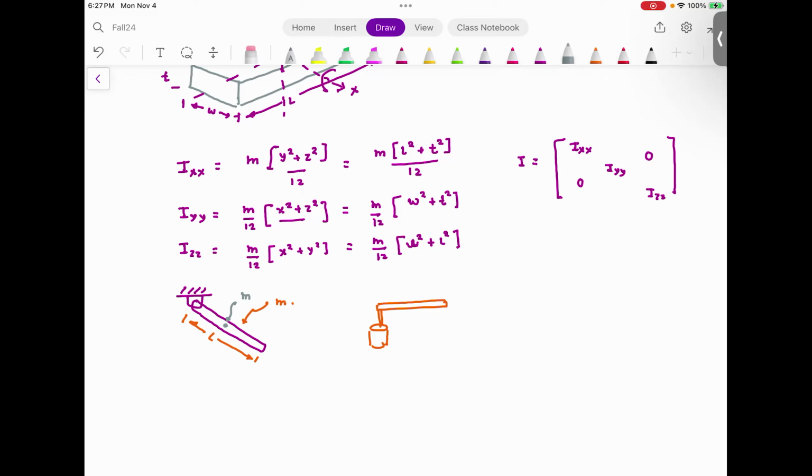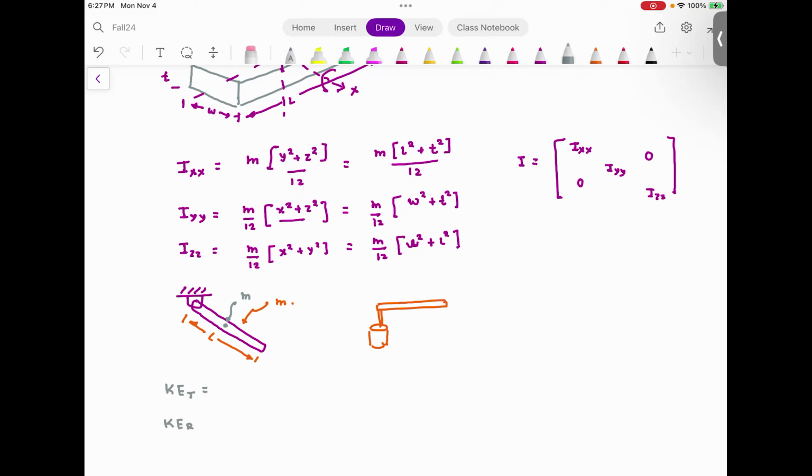Then if you want to find the kinetic energy, you are going to have two types: kinetic energy of translation and kinetic energy of rotation.